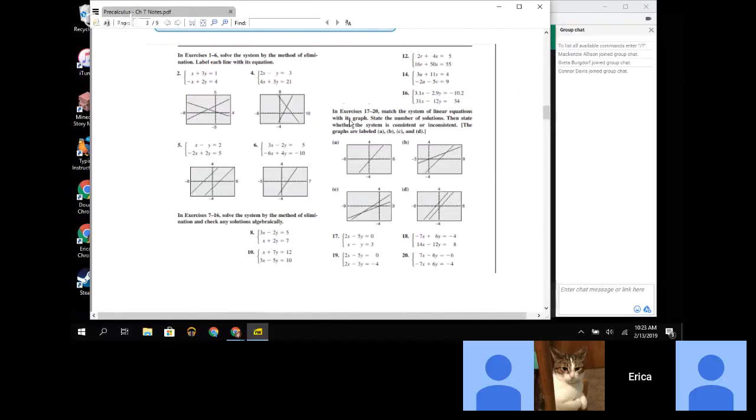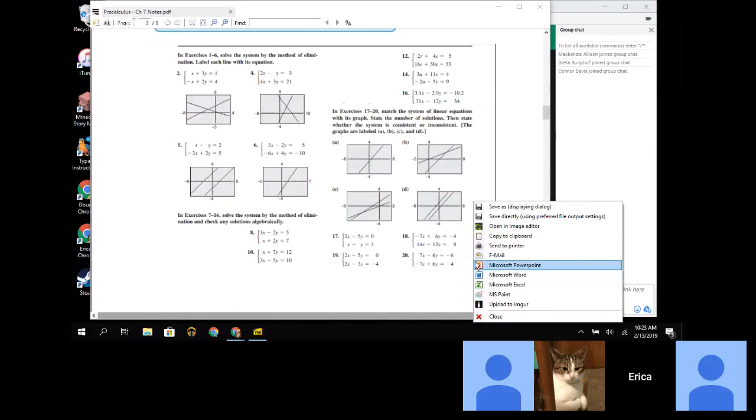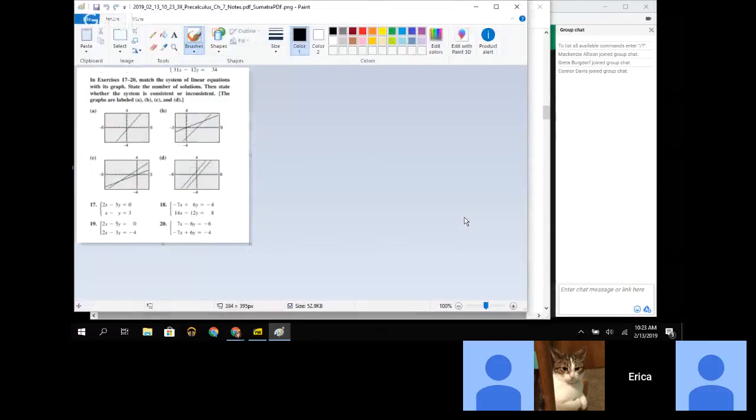But let's look at 17 through 20. So you're kind of getting a head start on your homework. It says in these exercises, match the system of linear equations with its graph, state the number of solutions, then state whether the system is consistent or inconsistent. And then the graphs are labeled A, B, C, or D. Okay, so kind of doing homework on the call here.